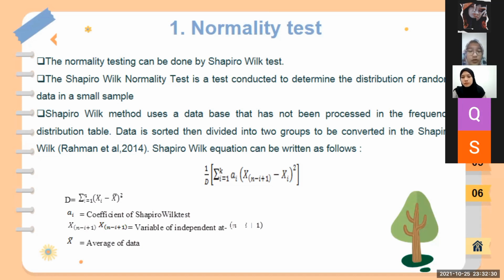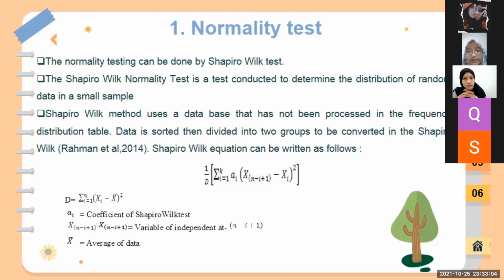The Shapiro-Wilk method uses data that has not been processed in a frequency distribution table. Data is sorted, then divided into two groups to be converted in the Shapiro-Wilk. This is the mathematical formula written like this. You can see.